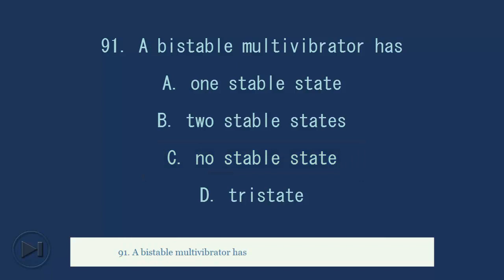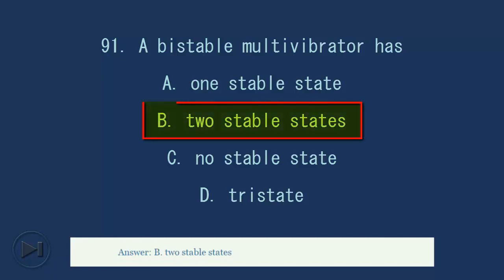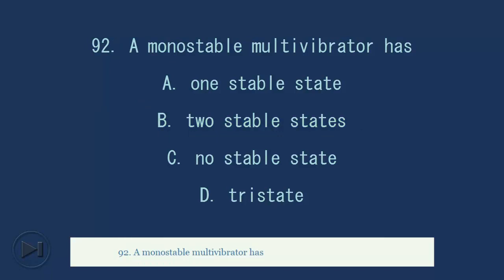91. A bistable multivibrator has A. 1 stable state. B. 2 stable states. C. No stable state. D. Tri-state. Answer, B. 2 stable states. 92. A monostable multivibrator has A. 1 stable state. B. 2 stable states.